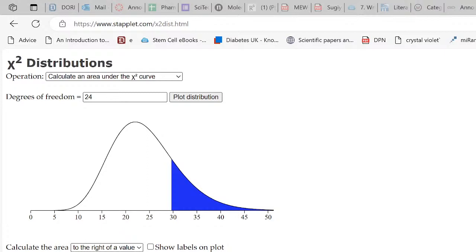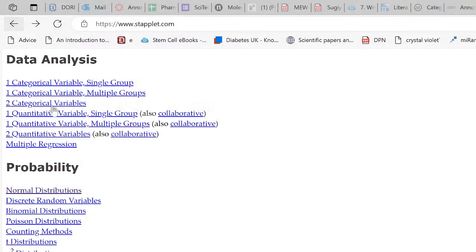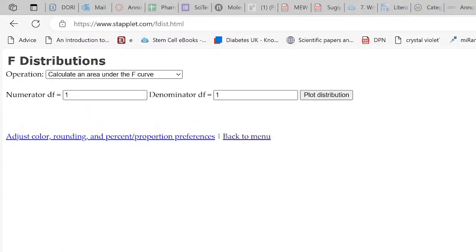Okay. Go back to the main menu. There's a lovely F distribution right there. See, it's setting me up. 8 and 10. There's your F distribution. What was my number?